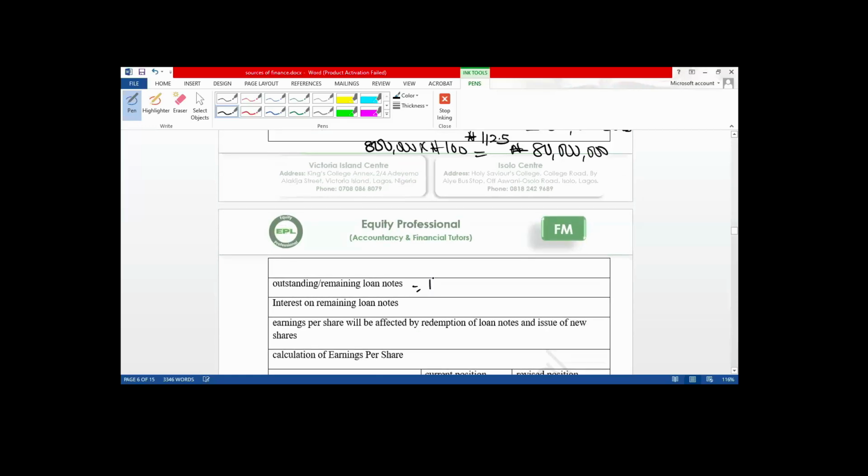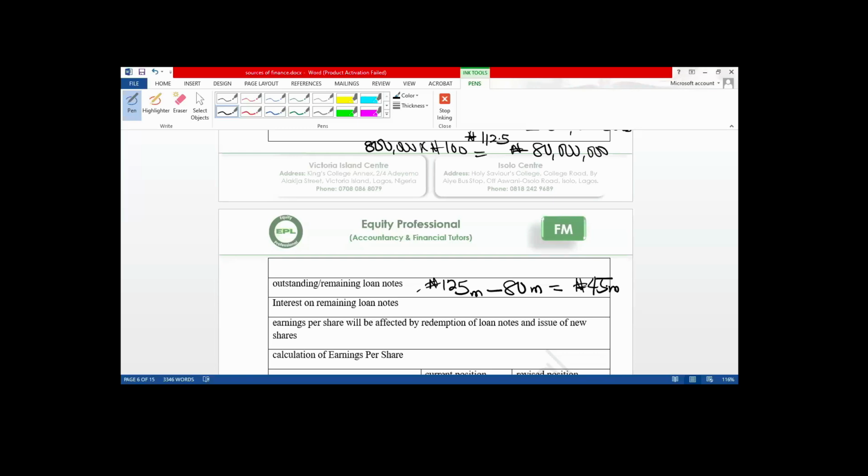Outstanding bond, out of 125 million bond, we are going to repurchase 80 million. We are left with what? 45 million. This is the nominal value of outstanding bond. You are now going to calculate interest. It's like you have repaid 80 million nominal value. The bond is now 45 million naira worth.